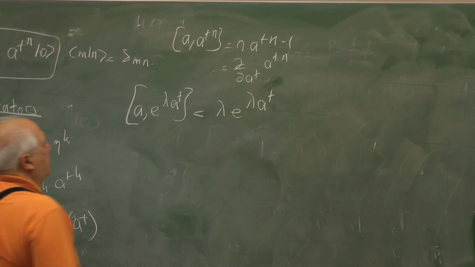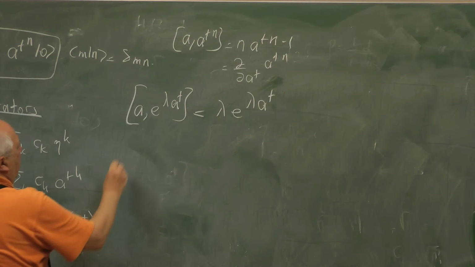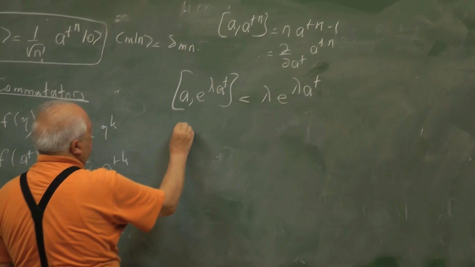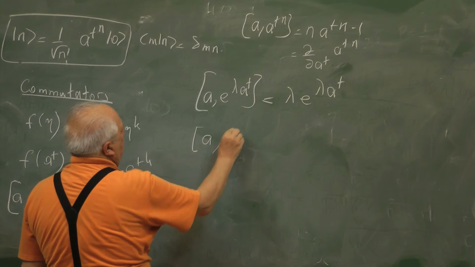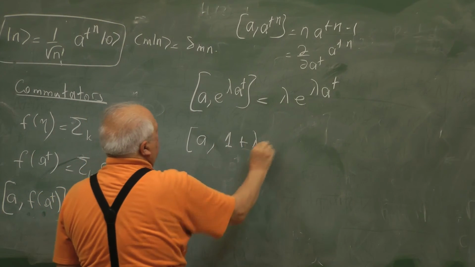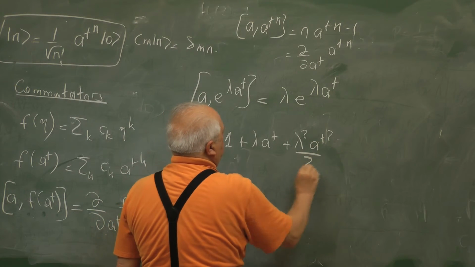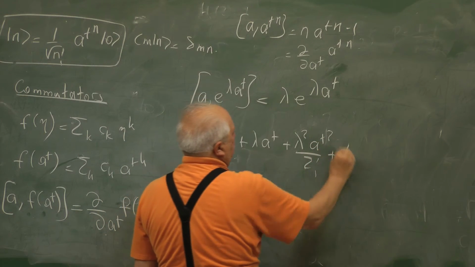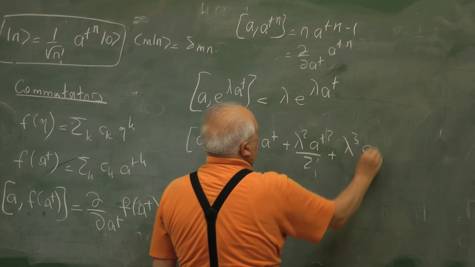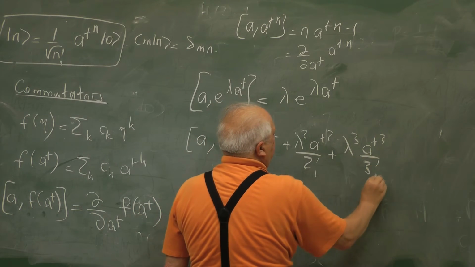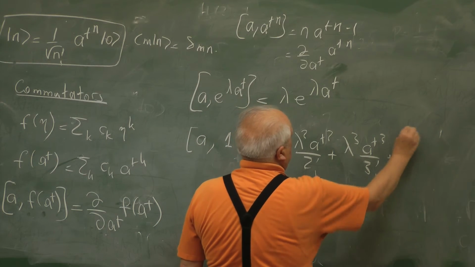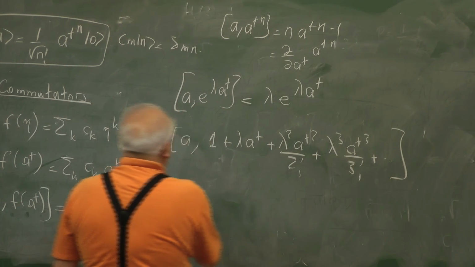If you want to see it in more detail, this is a commutator with 1 plus lambda a dagger plus lambda square a dagger square over 2 factorial. Last term I will consider, lambda cubed a dagger cubed over 3 factorial, plus and so on.